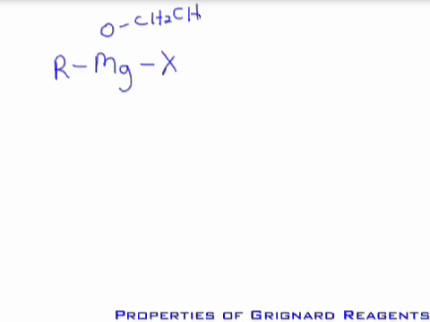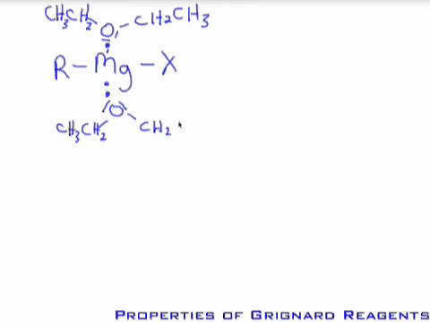Now, Grignards are not stable on their own. Grignard reagents, RMgX, where X is some halide and R is an alkyl group, require ether solvent. You do not isolate them. The Grignards in solid form would be explosive, extremely reactive, and dangerous to isolate. But the ethers help stabilize them. The solvent, ether, solvates the magnesium with its lone pair of electrons, if we use diethyl ether as I'm showing here.